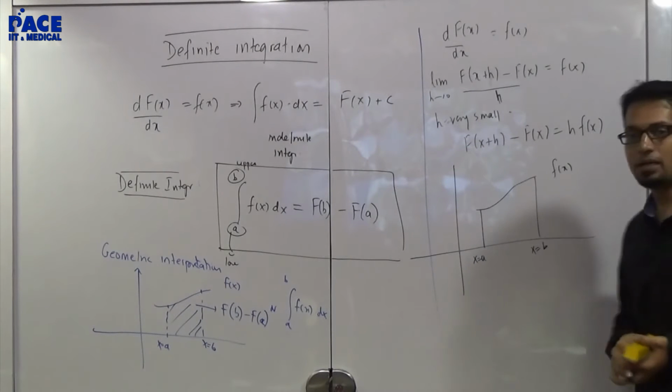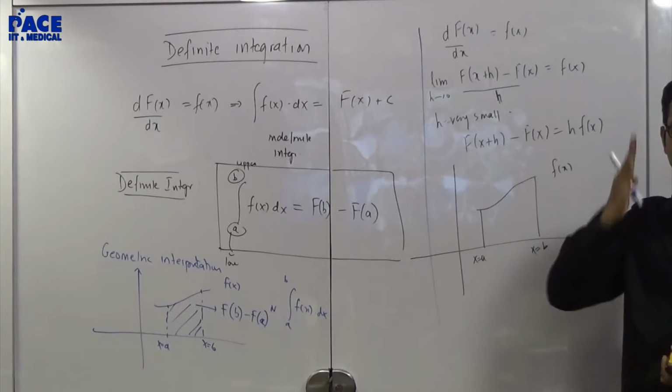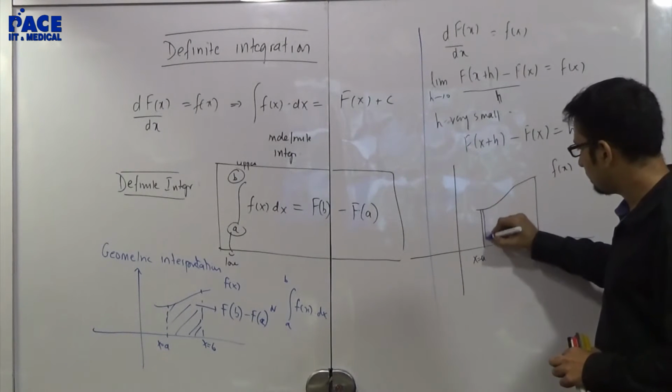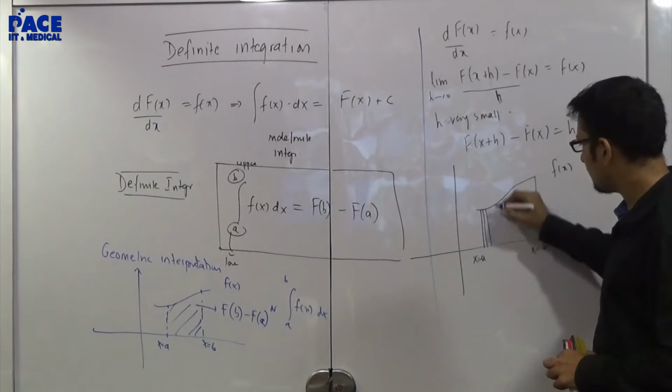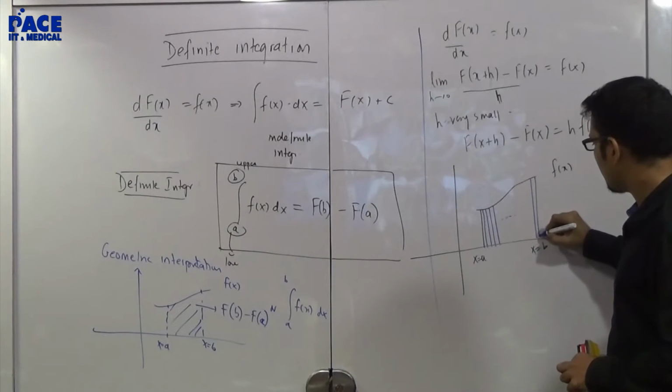So what I will do, I will partition the entire region with vertical lines. The number of partitions is very large. This is the first partition, second partition, third partition, and so on, till this is the last partition.